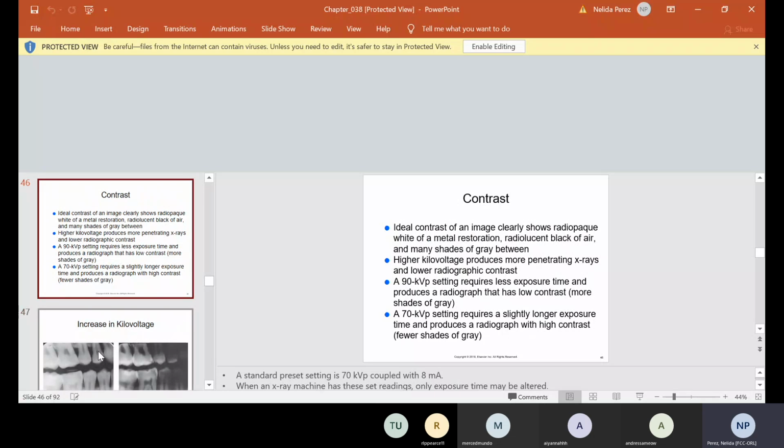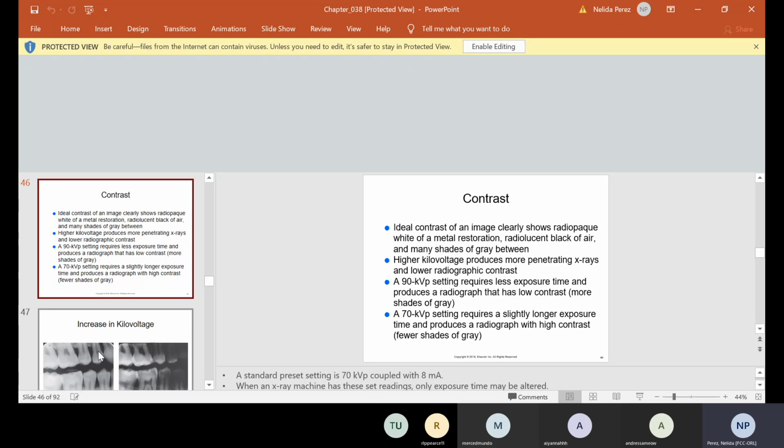So let's talk about contrast. An ideal contrast of an image clearly shows radiopaque white of a metal restoration, radiolucent black of air, and many shades of gray between. The higher kilovoltage produces more penetrating x-rays and lower radiographic contrast.